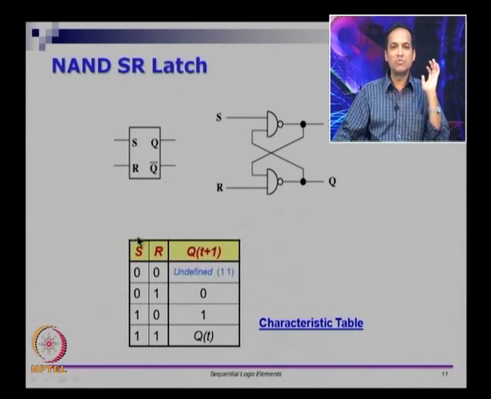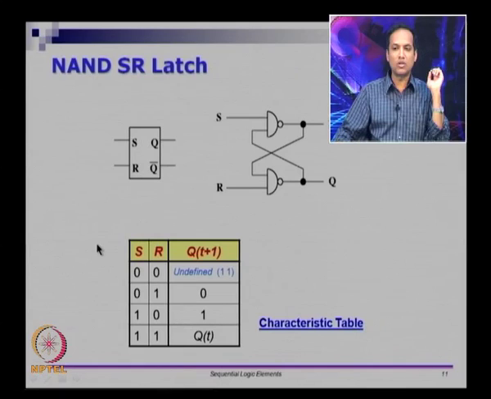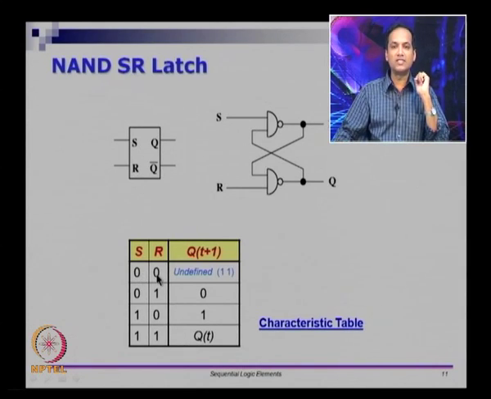So this is the difference between an SR latch based on NAND versus an SR latch based on NOR. 0, 0 is undesirable for a NAND based latch, however 1, 1 is undesirable for a NOR based latch. In a NAND based latch, 1, 1 will retain the previous value of Q and Q bar, whereas 0, 0 will retain the previous value in the NOR based SR latch.